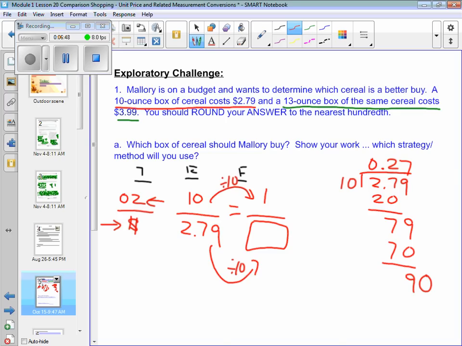Anna. Now here comes the all-important question, and I'll give out a candy for this. 0.279 rounds to the nearest what as a whole cent? Because this is why they are telling you to round your answer to the nearest hundredth. When you round to the nearest hundredth, that's this digit, you're really rounding to the nearest whole cent.